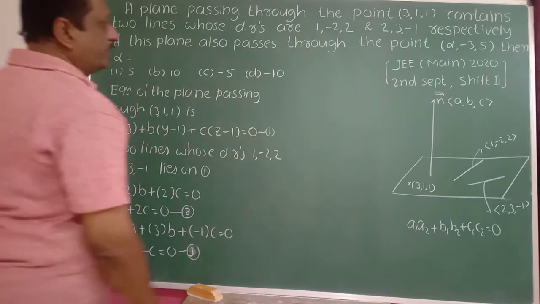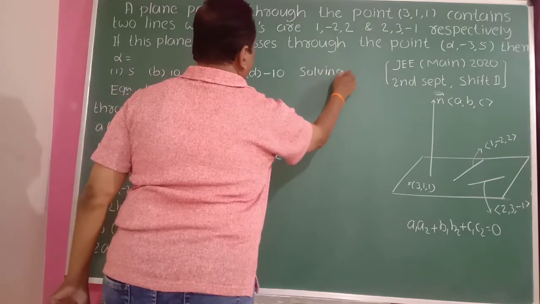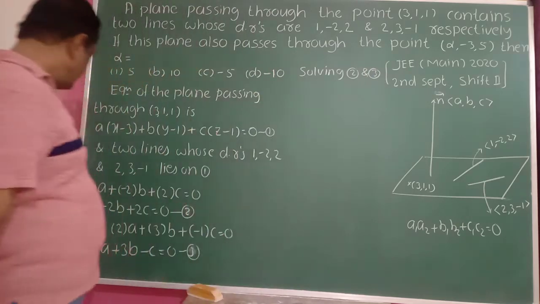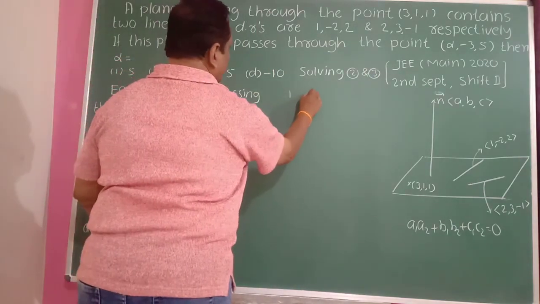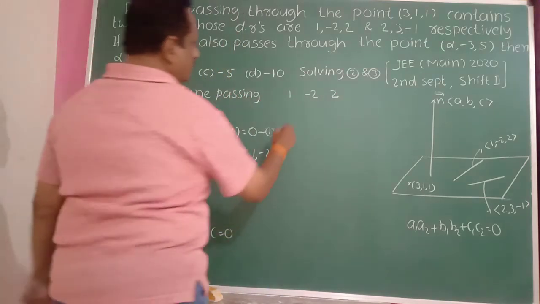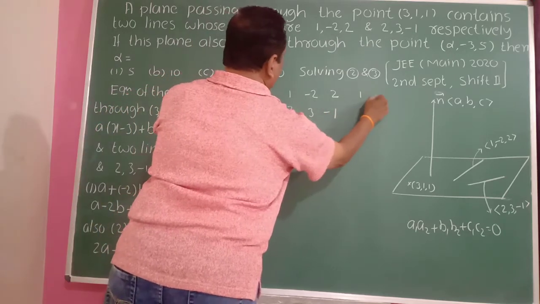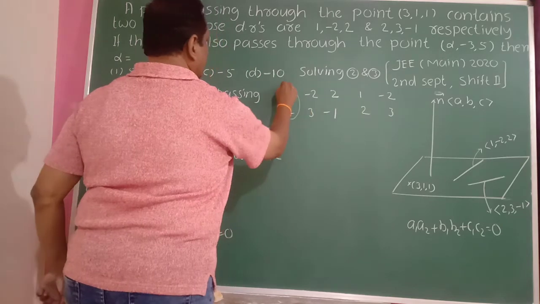Solving equations 2 and 3. So 1, minus 2, 2 and 2, 3, minus 1. Repeat once again: 1, minus 2, 2, 3. Then cancel here.